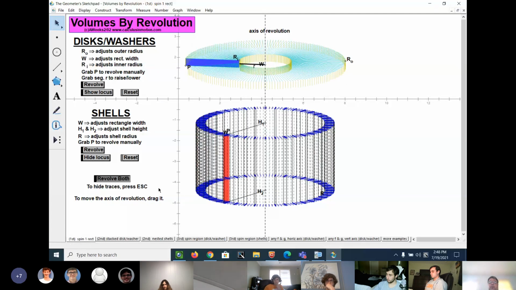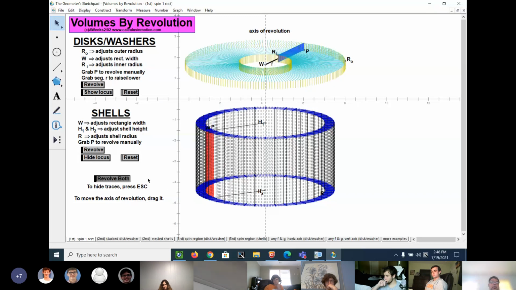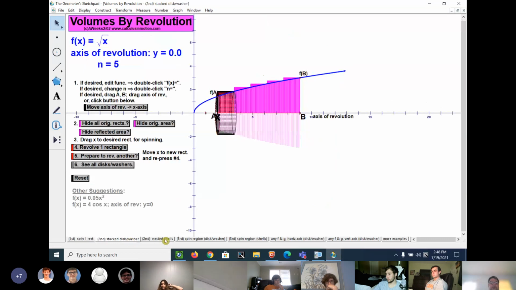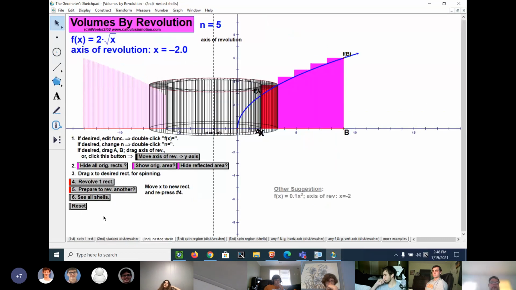It's revolving around the y-axis, and that is a shell. This is a washer. This is a shell. It's kind of like the difference between the two. Let me try to show you another one. There's one.